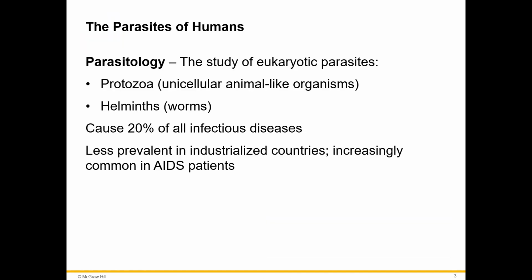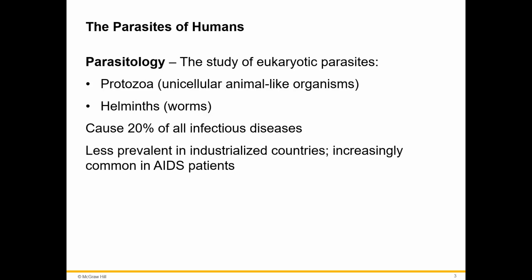Okay, and so basically, a general intro to things. Parasitology. What is it? Well, it's the study of eukaryotic parasites. These can include the protozoans and our helminths, or our worms, right?